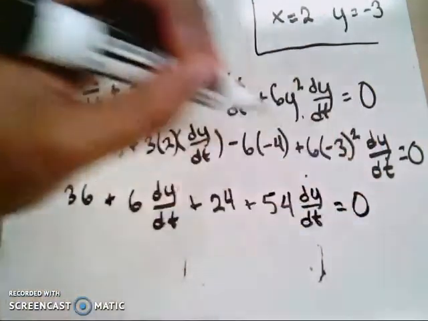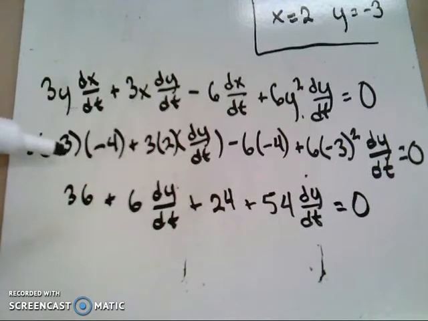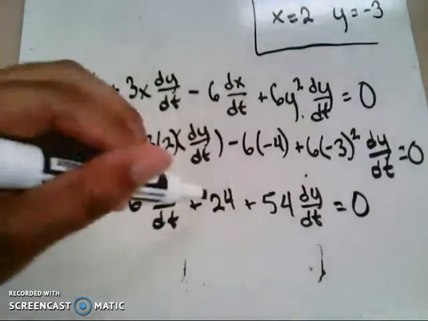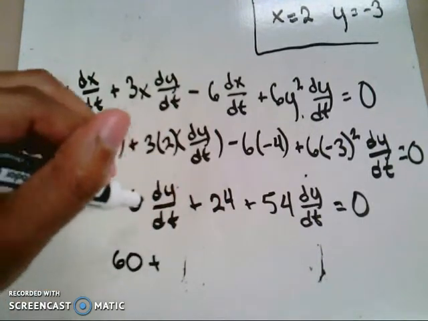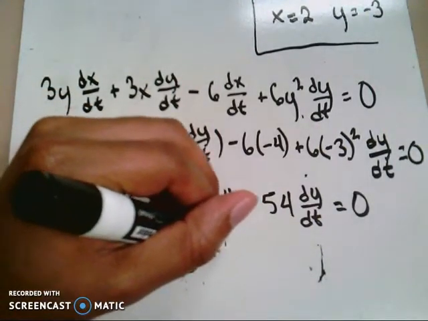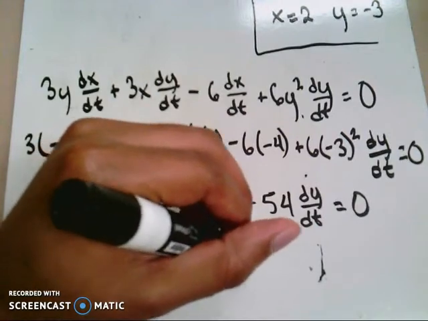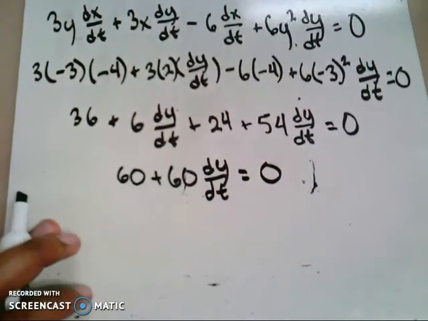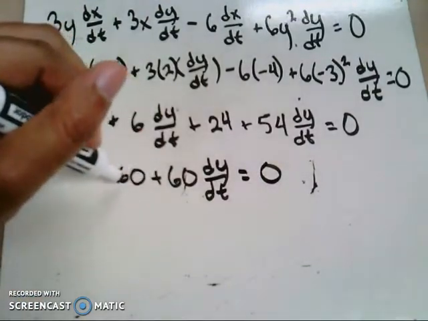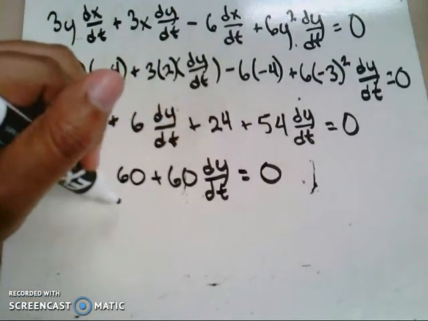And all of this equals 0. So now we're going to combine like terms. Our constants, we're going to have 60 plus 60 dy/dt equals 0. Still solving for dy/dt. We will subtract 60 from both sides here.